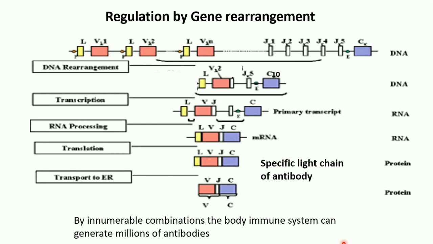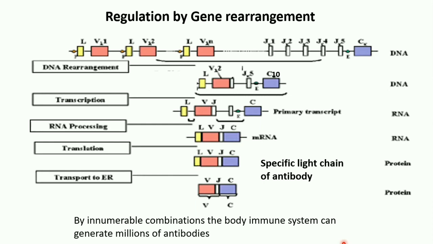It is estimated that the human body can produce about 10 billion antibodies in response to antigen stimulation. This can be explained on the basis of gene rearrangement or transposition of genes, or you can say jumping genes, or somatic recombination of DNA.